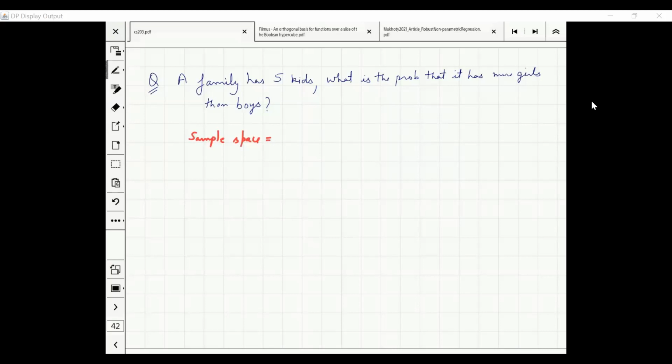Let's say G is for girl and B is for boy. So all these strings of this kind would be the sample space, right? So how many elements are there in my sample space? 32. Very good, right?